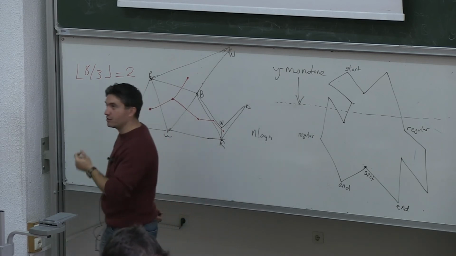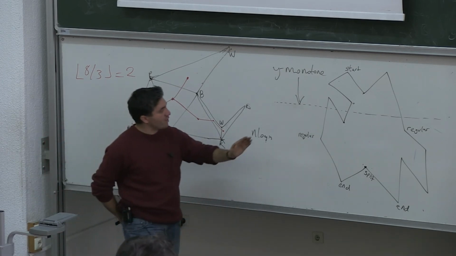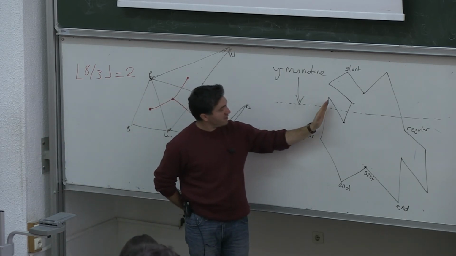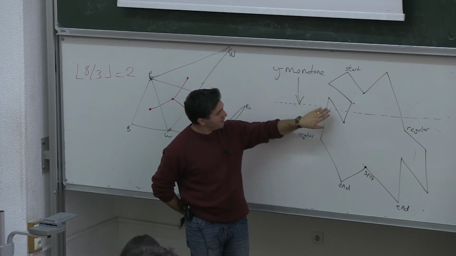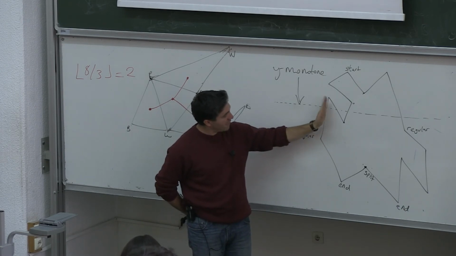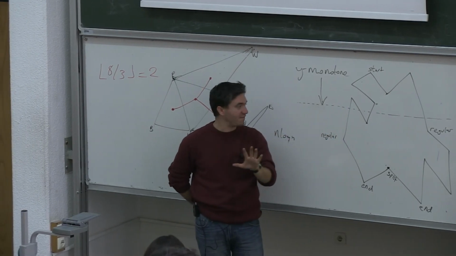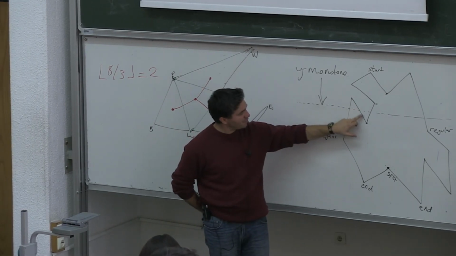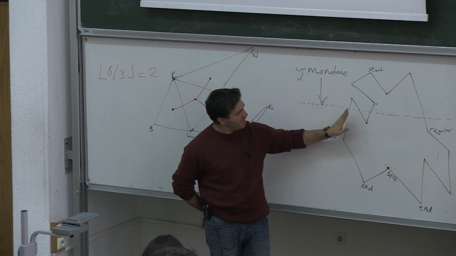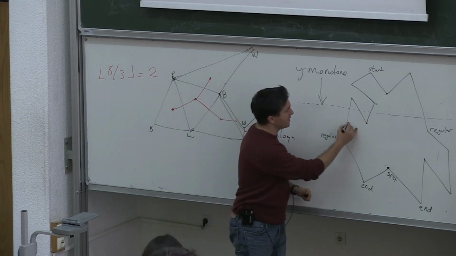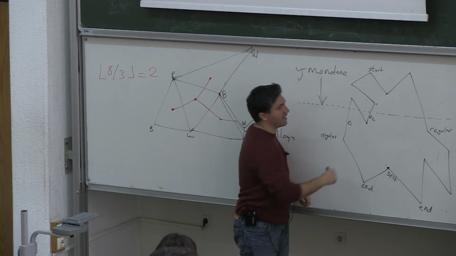In the algorithm we are only going to need edges for which the inside of the polygon lies to their right-hand side. Again, this right-hand side is a global definition. For example, I'm not going to need to store this edge. I'm only going to store this edge, E1, E2, and that's it.